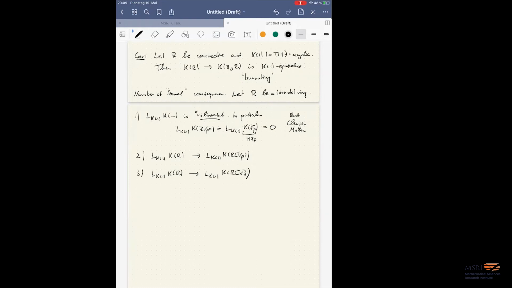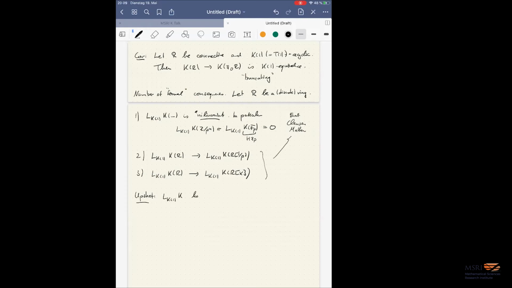So this is known for usual K-theory in the regular case, but not in general. I should also say that these consequences have also been known to Bhatt, Clausen, and Mathew.